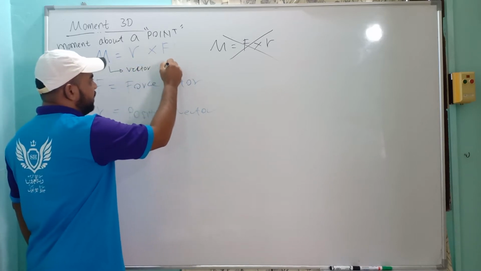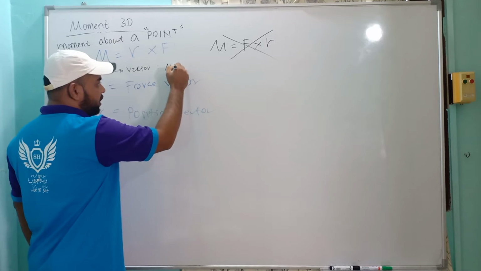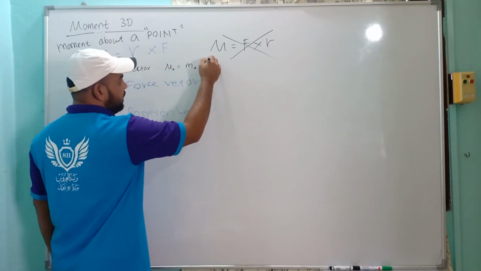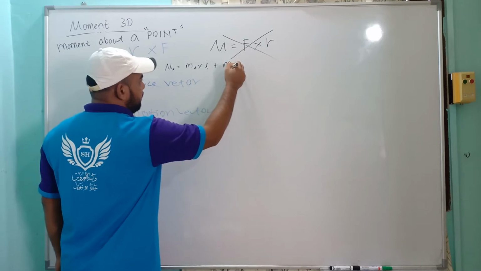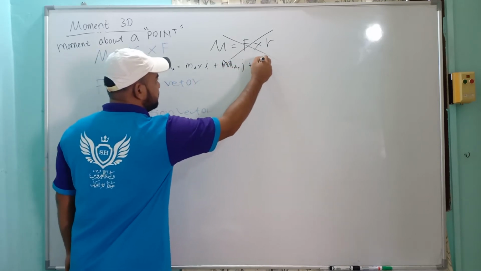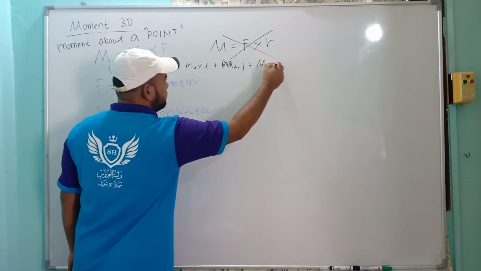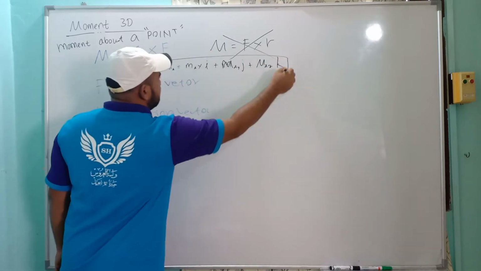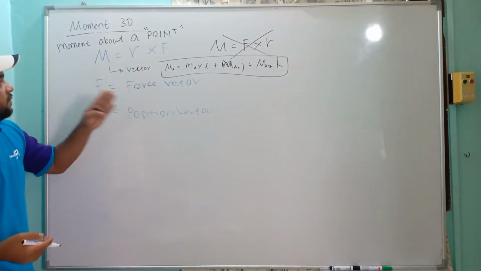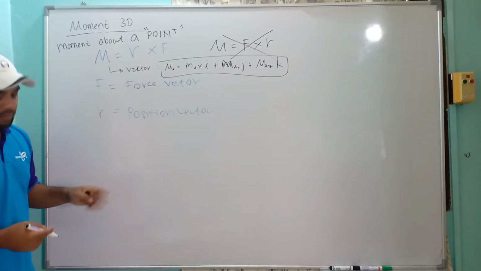So at the end, we have the moment about point A equal to MAx i plus MAy j plus MAz k, in terms of 3 dimensions for the moment.